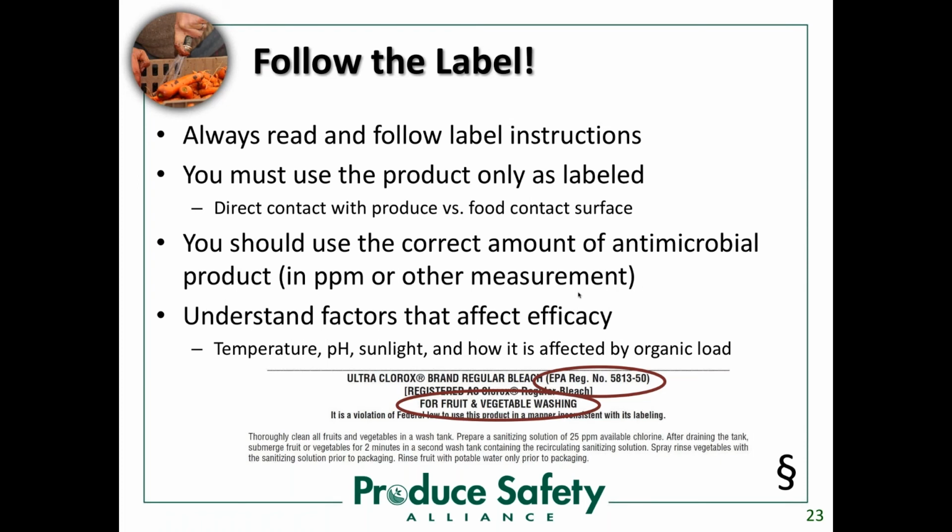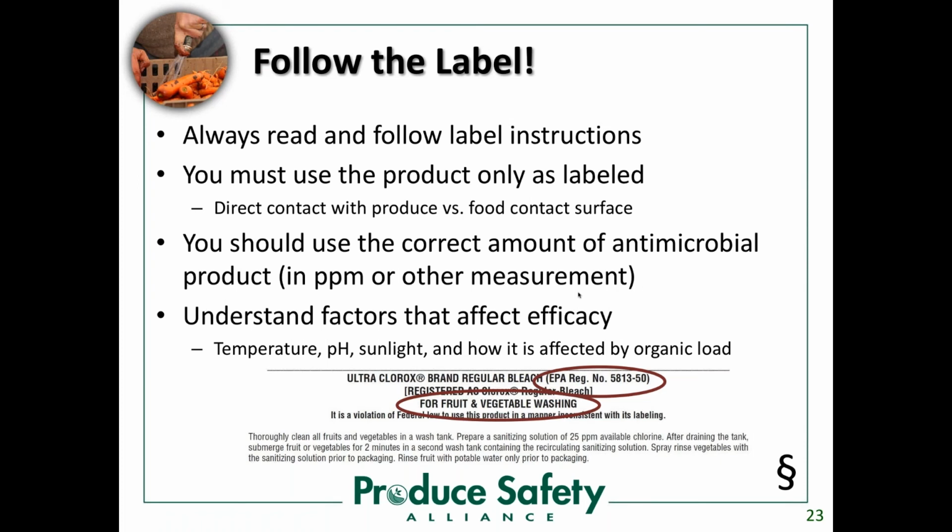Follow the label instructions. FDA, EPA, and all the other agencies spend a lot of time making certain that manufacturers of products inform the user how they should be used properly for maximum efficacy and safety. That's the reason those labels are on there.